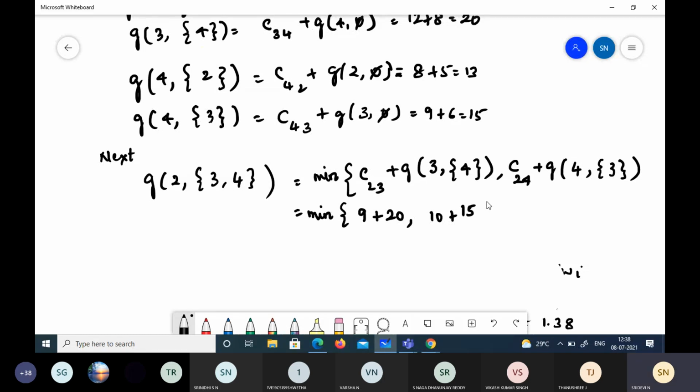So we have to select from 29 and 25. Which is the minimum here? It is 25. We are just moving with one vertex, with 0 first, 1, 2, next 3, and finally that is the answer whatever we get.